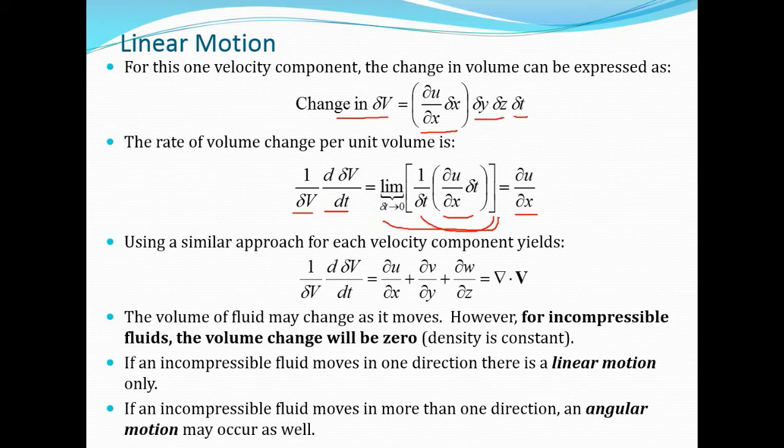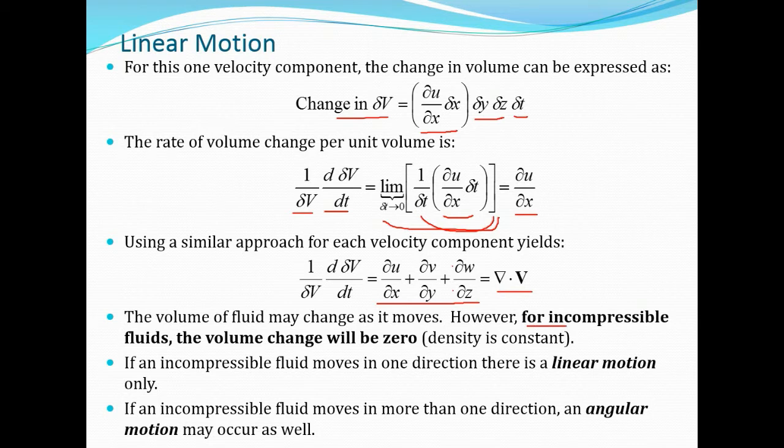With a similar approach, you would get the same looking type of thing in the y and z directions. And if you noticed, you have basically the divergence of the velocity field, the change of u with respect to x, v with respect to y, and w with respect to z, which is del dot V, the vector V.